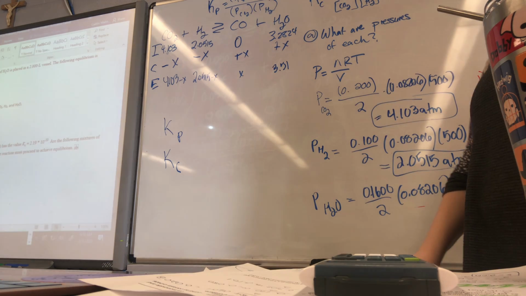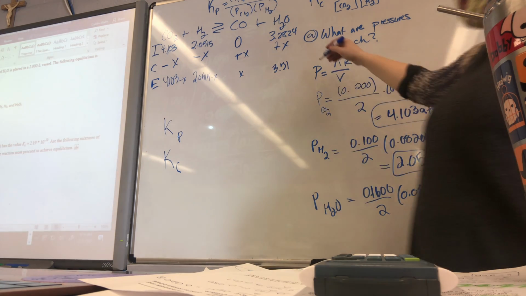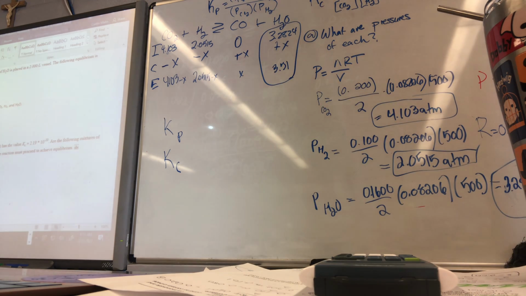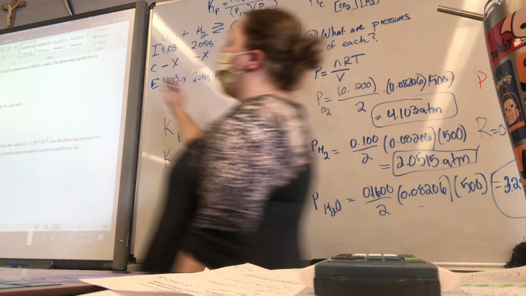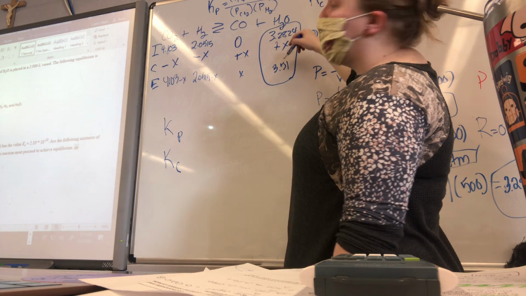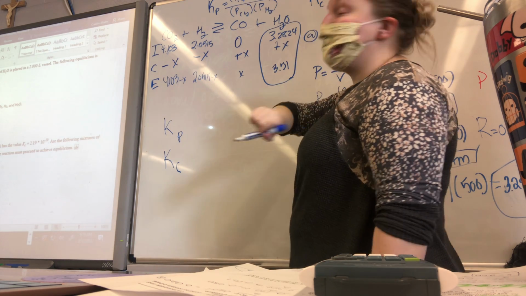Okay, here's the thing. We already know this. Remember that trick we did last time? Can't we use the same trick? We absolutely can. If we can figure out what x is, then we just have to plug it into everything else. So we can solve this expression, this plus this equals 3.51, to get what x is.